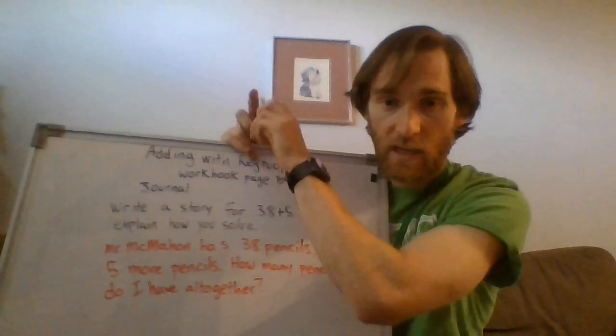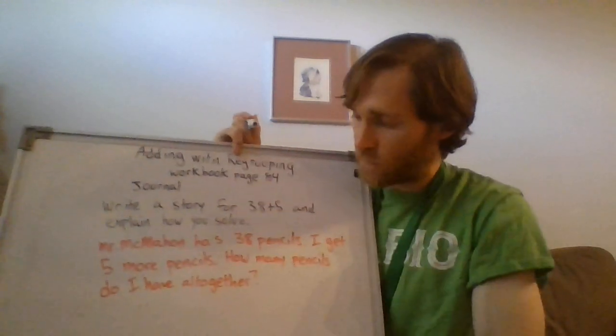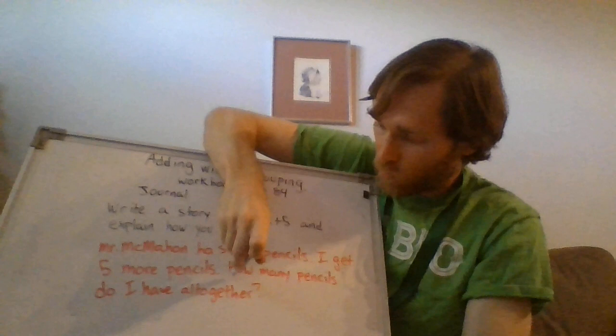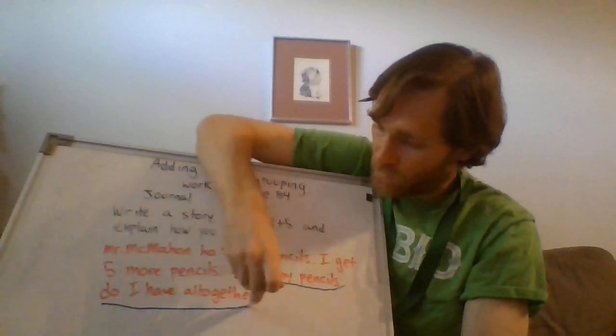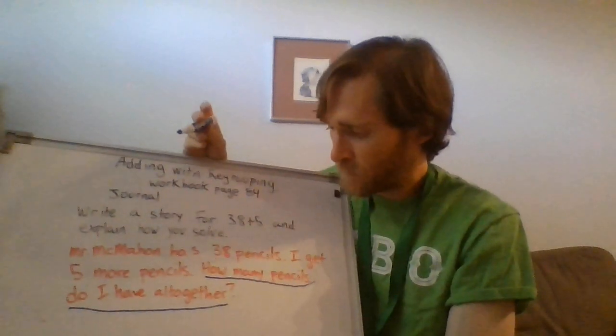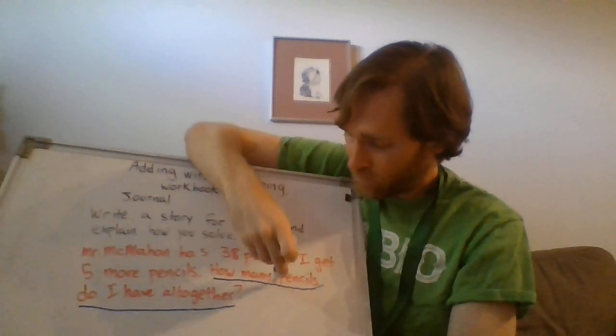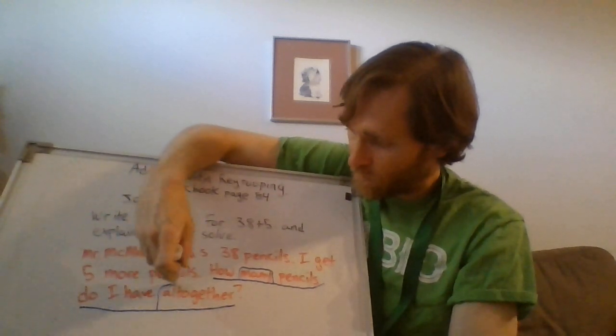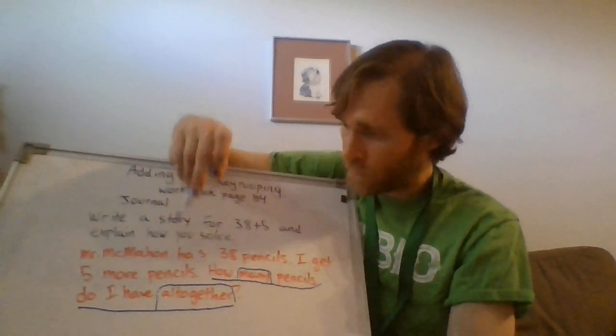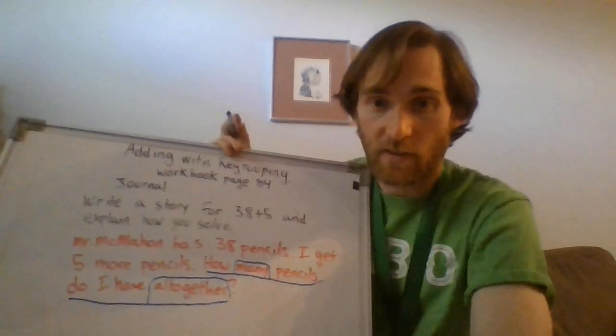I'm going to get out my blue marker. How many pencils do I have altogether? Since this is my question, I'm going to underline it when we've been doing that with our word problems. How many? I'll box that. So I have altogether. Altogether is another keyword. This is going to let me know that this is an addition.